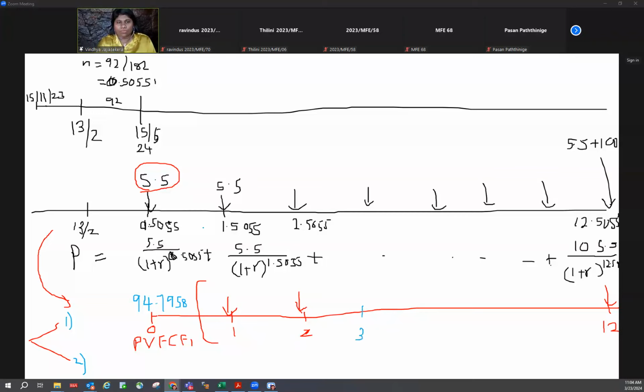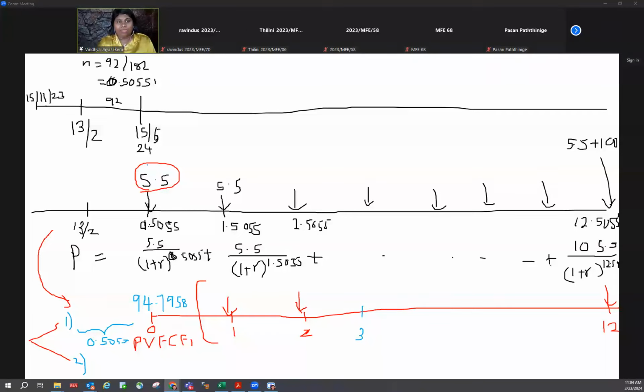But do you see, the first set of cash flows happens after 0.5055 periods, right? But the first set I've taken as full period cash flows, and they are equal in value to a 94 rupee cash flow occurring after 0.5055 periods.